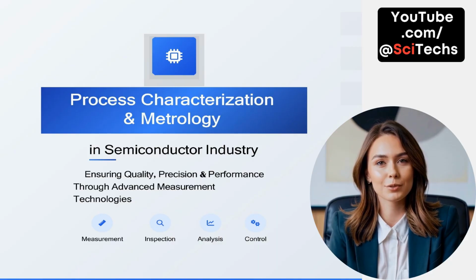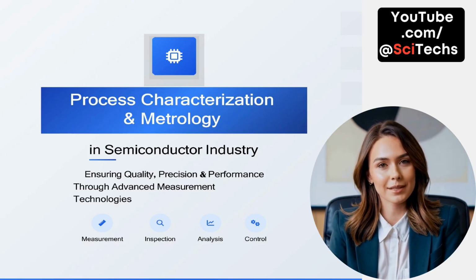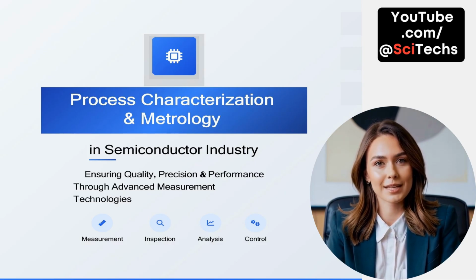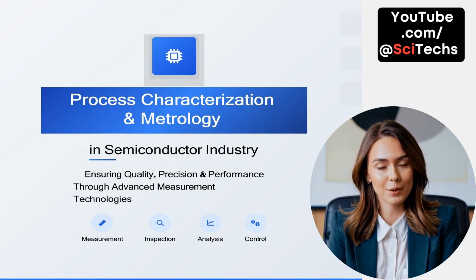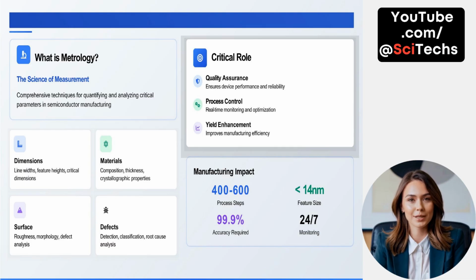Finally, control involves applying this information to fine-tune tools and workflows in real time or post-process. Together, these four functions, measurement, inspection, analysis, and control, form the backbone of process integrity and enable continuous improvement in semiconductor production.